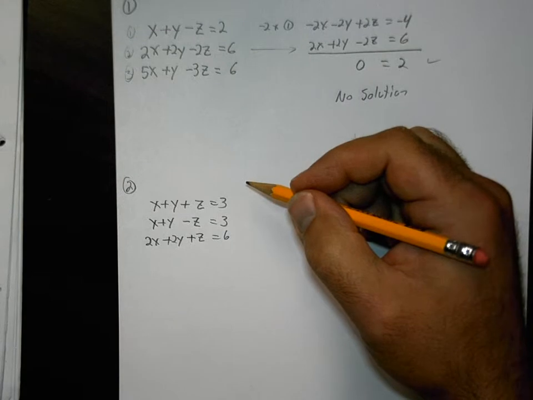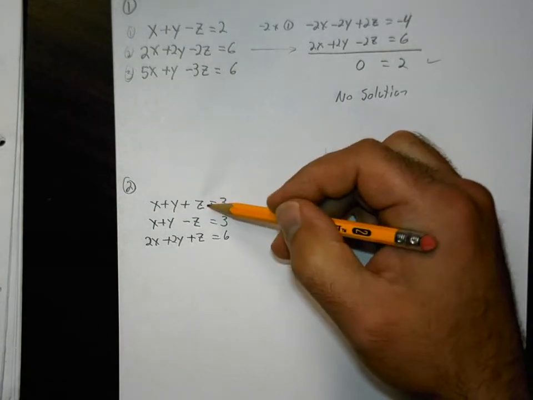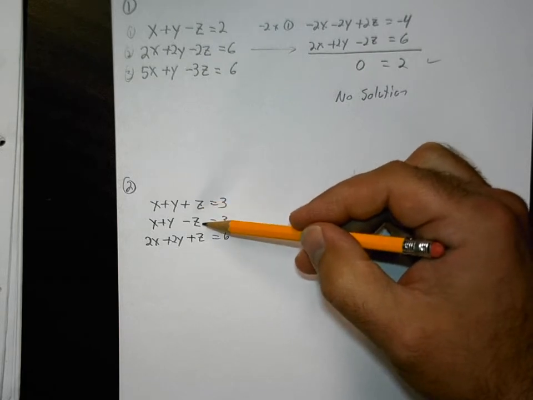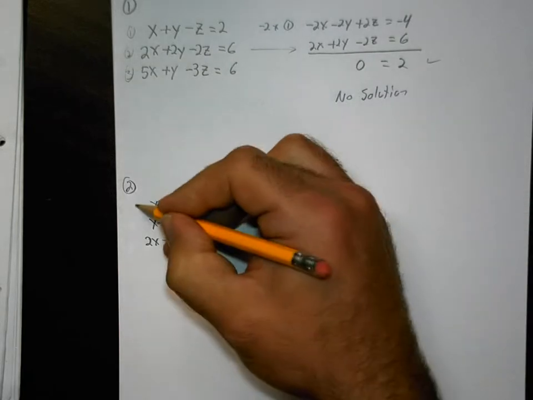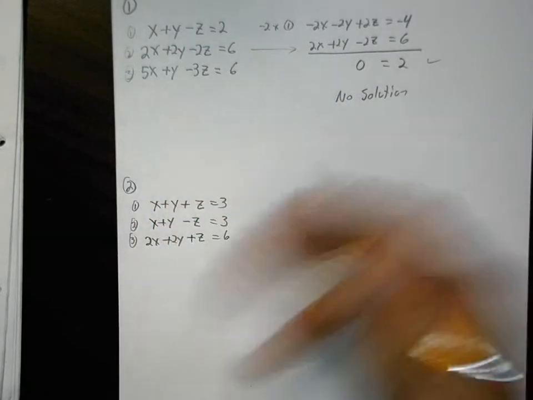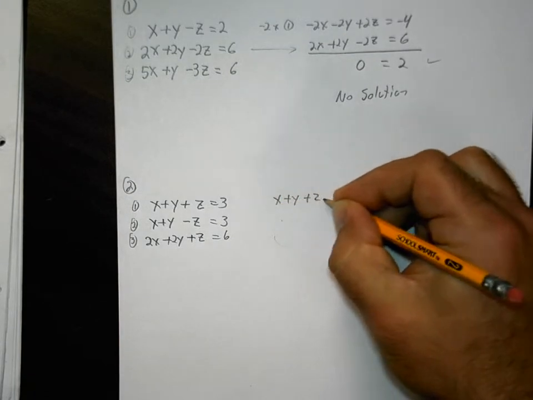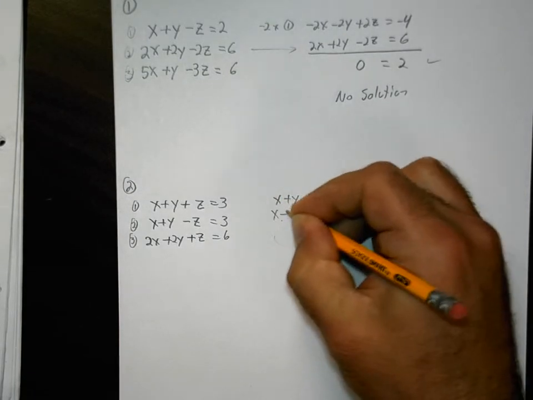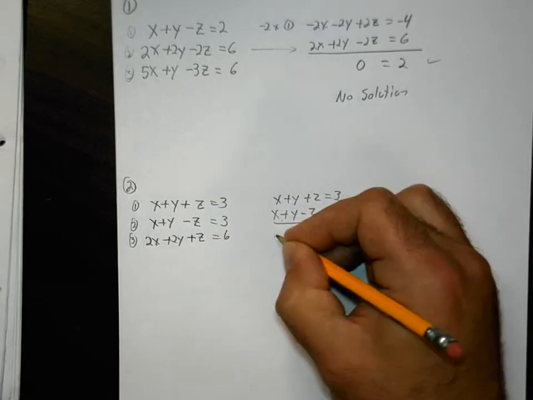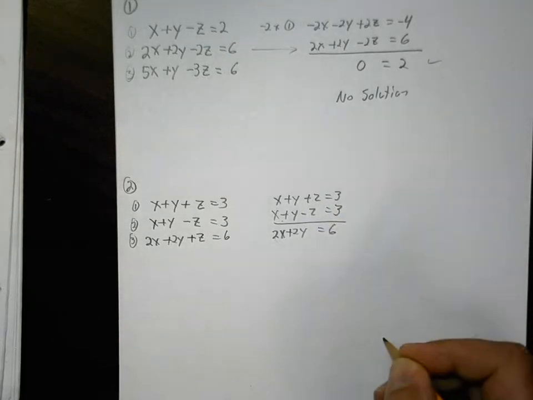Let's look at number 2 here. Initially what I see is I have opposites already, so maybe I should add the opposites. Let me number my equations and add those directly. I get 2x plus 2y equals 6.